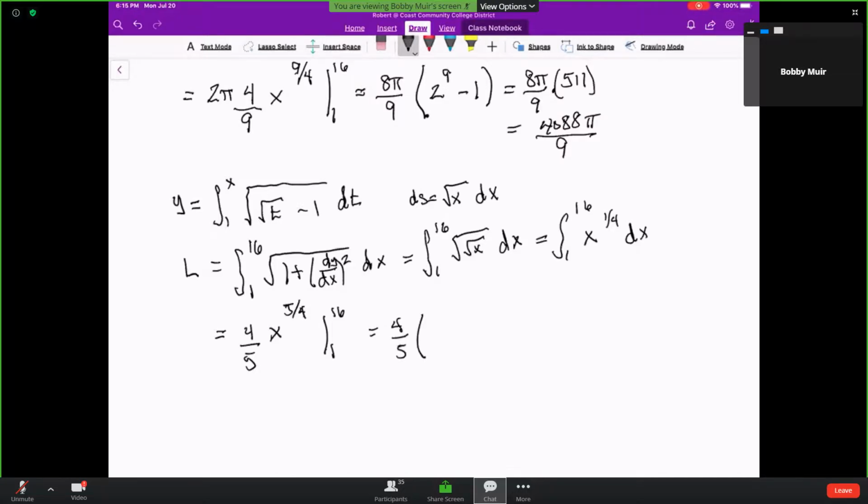And then the 4th root of 16 is 2. 2 to the 5th power is 32, minus 1, which is 4 times 31 over 5, which is the most popular incorrect answer.